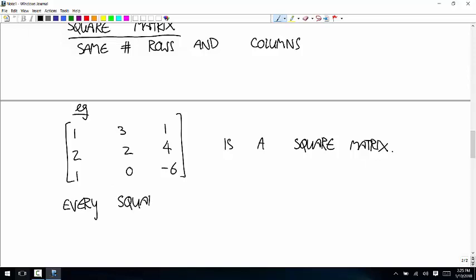And every square matrix has what are called diagonal elements.